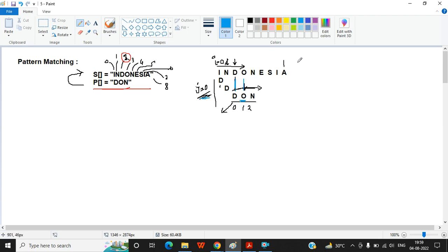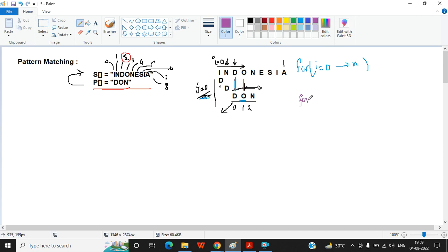See, this loop will be your for I is equal to 0 to n, the string length.